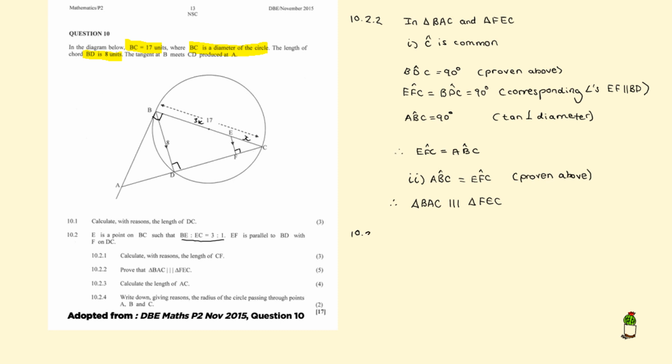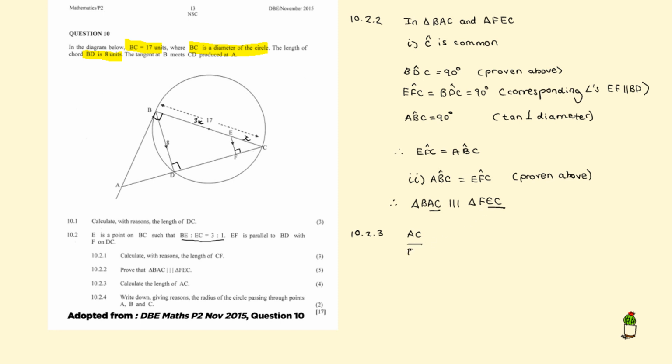So question 10.2.3 says calculate the length of AC, right? So AC is this length in this big triangle ABC, okay? Because we've just proved similarity, chances are we're going to have to calculate this length from similarity, right? So let's go. AC is what we're looking for. So AC, meaning that we need to take the last two sides on the small triangle.